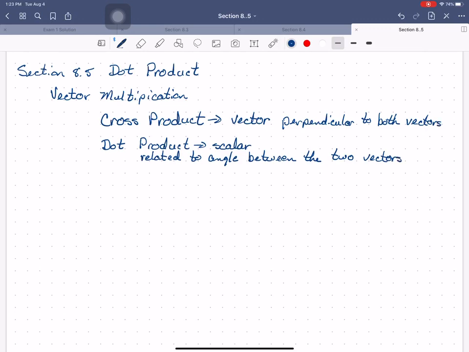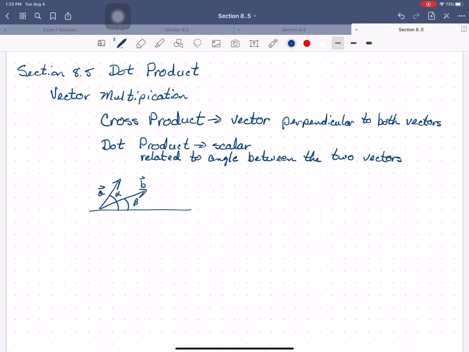First, let's think about two vectors. We've got this one we'll call A, and this one that we'll call B. And think about the angle that vector A operates at as alpha, and the angle at which vector B operates is beta.